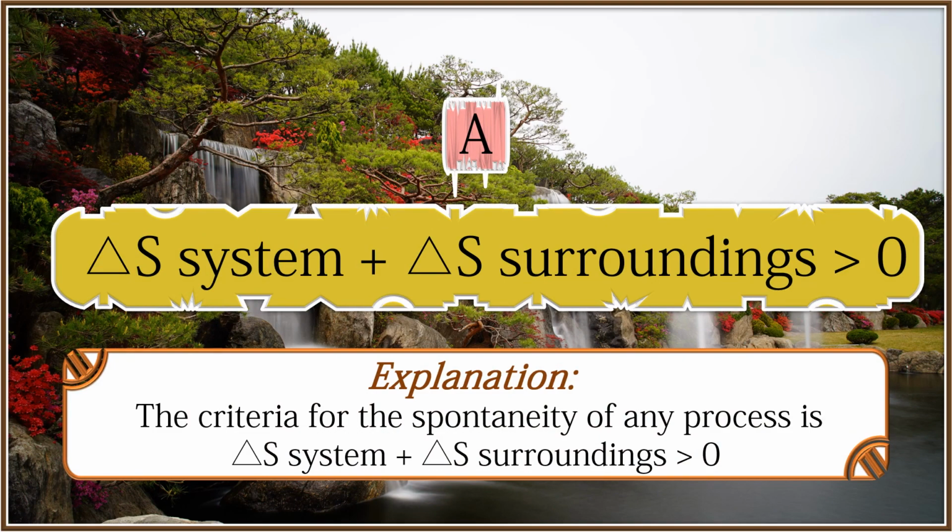The answer is change in entropy system plus change in entropy surroundings is greater than 0. The criteria for spontaneity of any process is change in entropy system plus change in entropy surroundings is greater than 0.